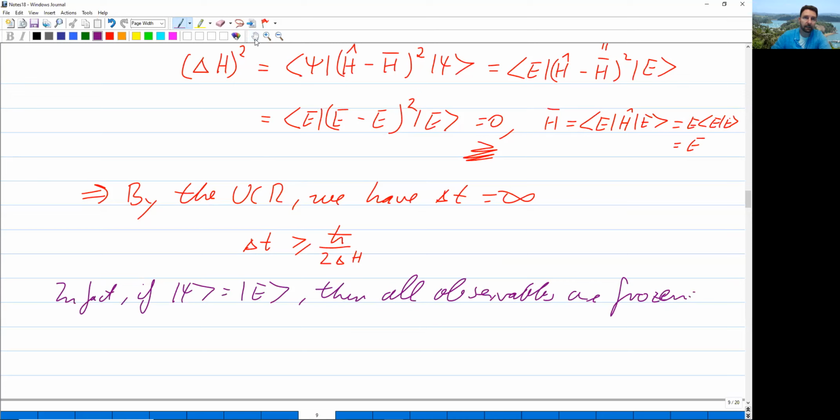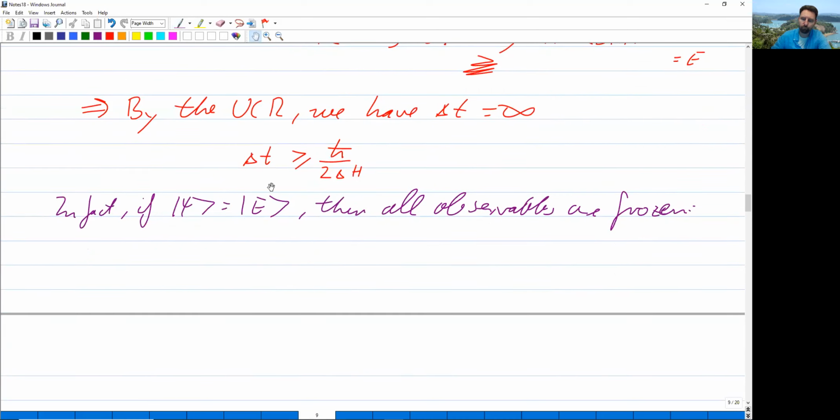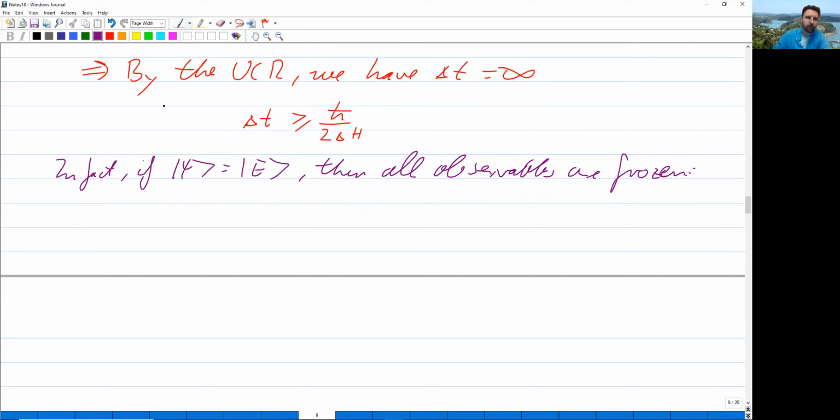Let's just calculate it. Remember, we have that d by dt of f bar, the expectation value, can be written like this. It's d by dt of, well, we have |E> now. So <E|, and then we have here f hat of t |E>.